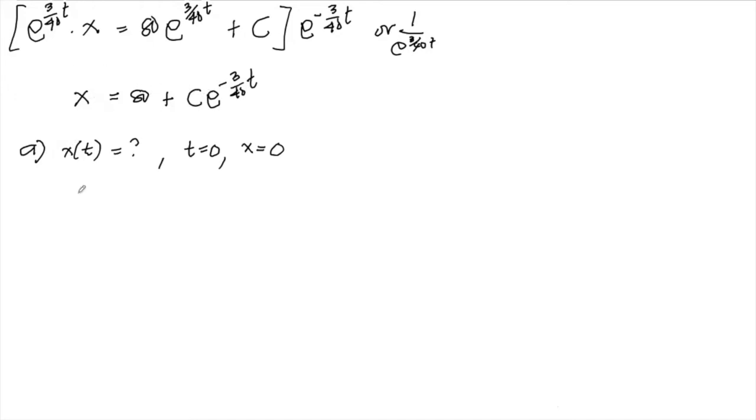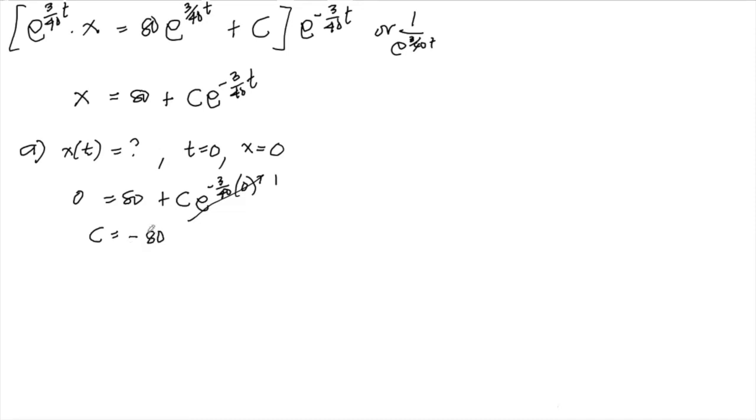So 0 yung amount equals 80 plus c e raised to negative 3 over 40 times 0. 0 times negative 3 over 40 is 0. E raised to 0 is 1. So the value of the arbitrary constant c, transposing this to the other side, it will become negative. So negative 80 yung ating arbitrary constant.